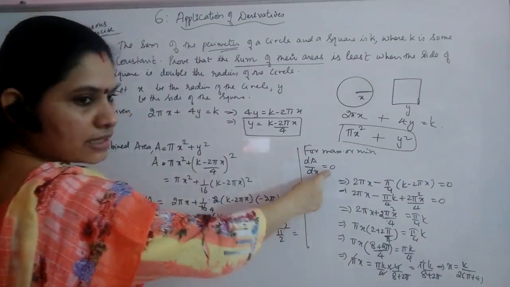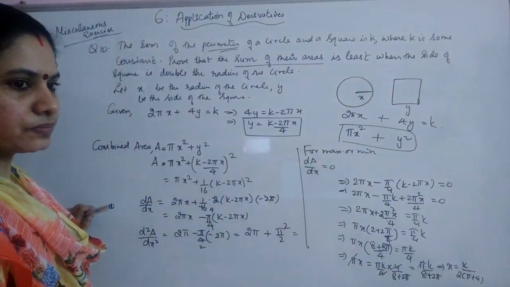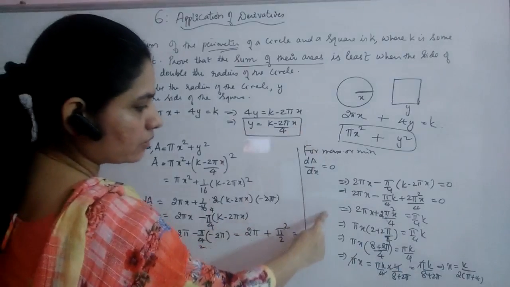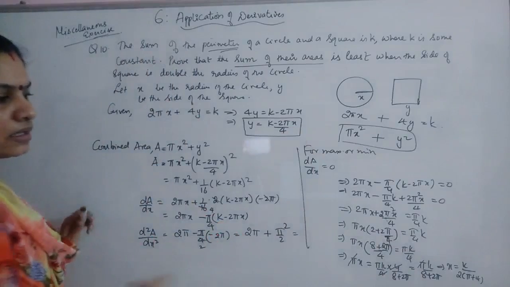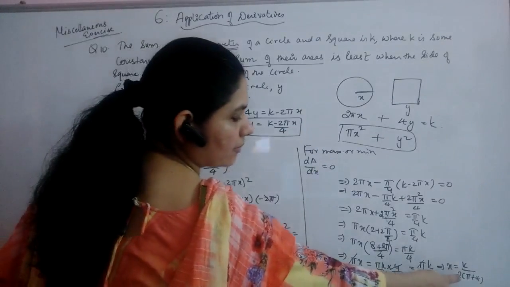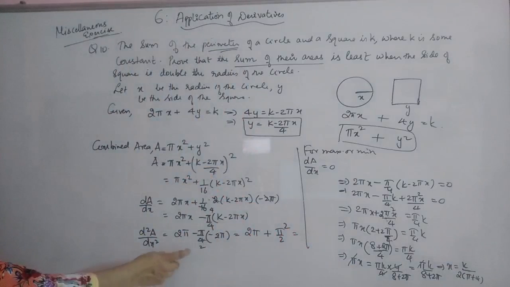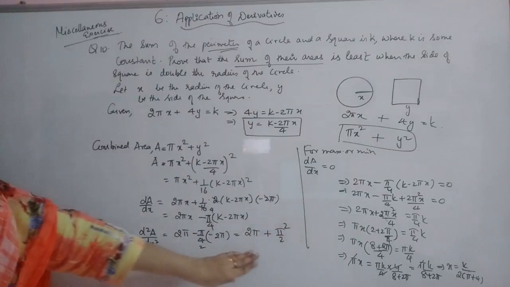So dA by dx equal to 0 will give you, just see, after calculating you are getting x to be k by, I have taken 2 out from here, so k by 2 into pi plus 4. Okay, now what we are doing is, you have to just replace it in the second derivative and see whether the second derivative is already a positive thing.